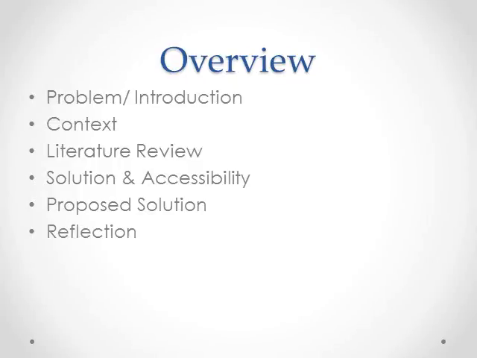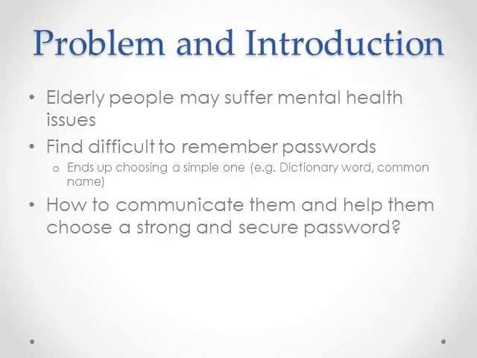First of all, that would be problem introduction, context, literature review, solution and accessibility, proposed solution, and then reflection at last. Now, what's the problem is that we have to communicate elderly people that may suffer from some mental issues memorizing their passwords, and end up choosing very simple passwords for their online applications or mobile phones and find it difficult to remember passwords.